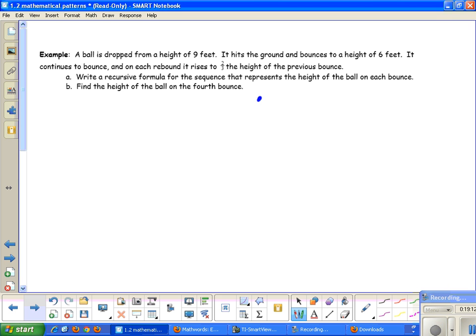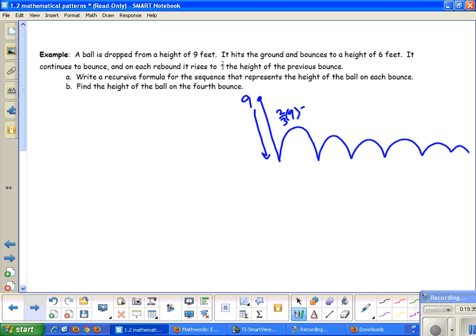So the first thing I like to do is think about a picture. So I have this ball dropping from 9 feet, and then it's going to bounce up and then come back down, and it's going to keep on going until eventually it's going to stop. And this starts at 9 feet. Each bounce we're going to 2/3 of the height. So if we start with 9 feet, 2/3 times 9 would give me a value of 6.